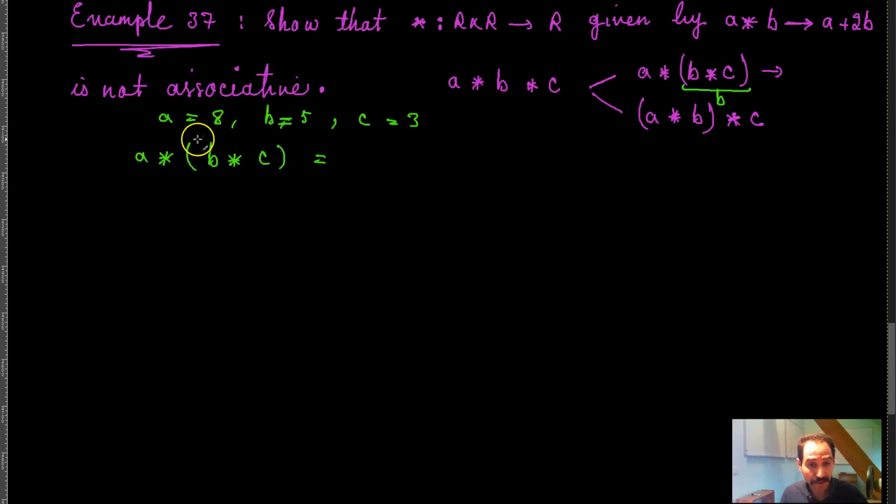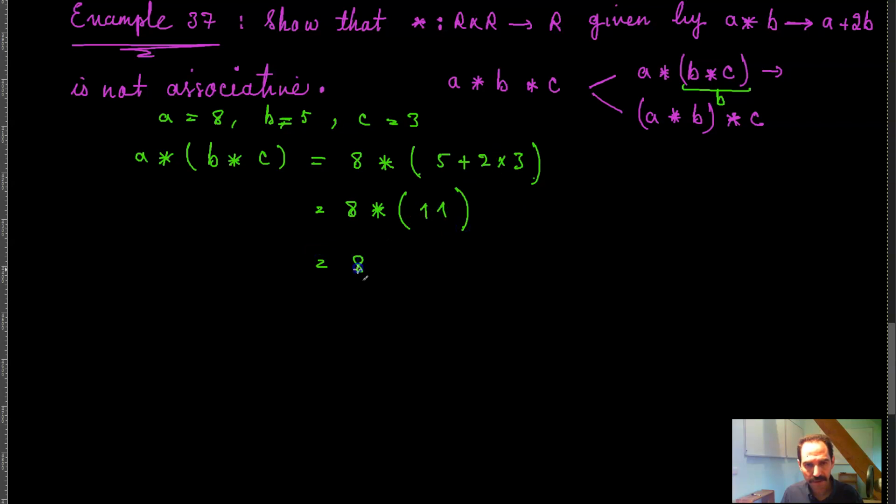First I have to calculate B star C, which is B plus 2C, so 5 plus 2 times 3, which is 5 plus 6, equal to 11.